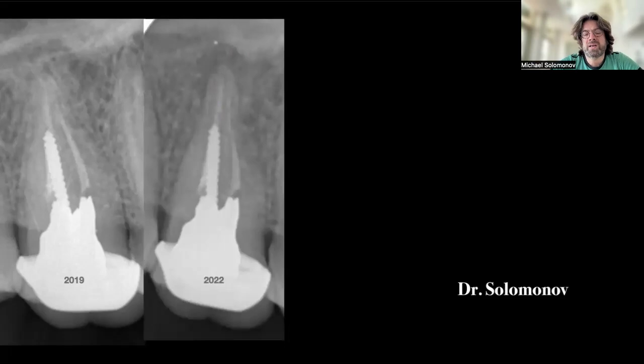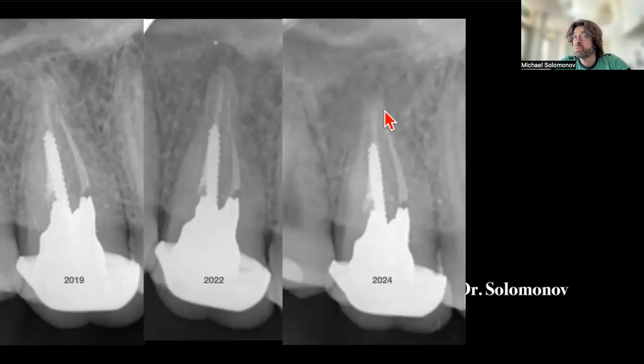And I see him again in 2024, this year. And again, it's a couple of weeks after pain in the same area. But now on examination, again, nothing: no percussion, no palpation, no pocket, no sinus tract. It's strange. On the X-ray, I'm not sure that I'm seeing some radiolucent area.